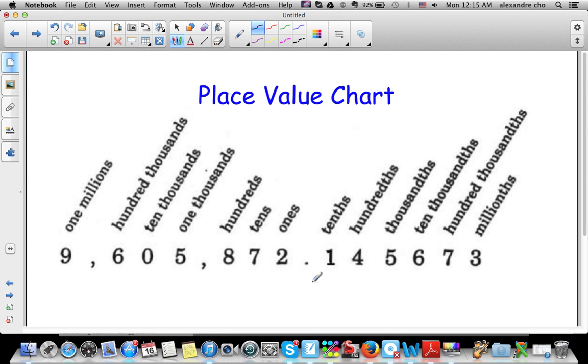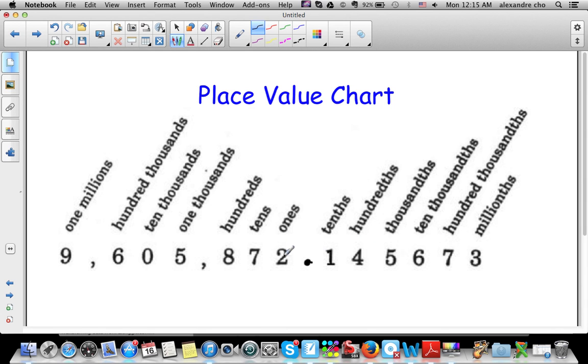On the left side, here's a decimal, and let me just make it a little darker. To the left of the decimal are your whole numbers. To the right of the decimal are your decimals, or you're going to soon find out, the fractions, parts.